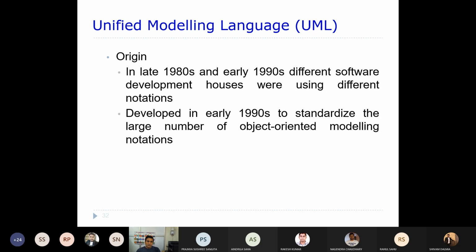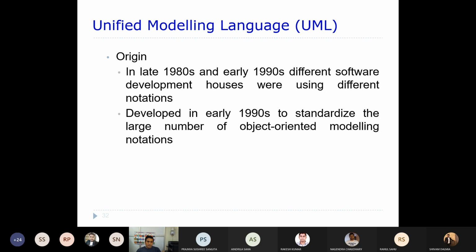So it originated in the late 1980s and early 1990s. We have seen there are many companies using various different notations for this modeling, right?